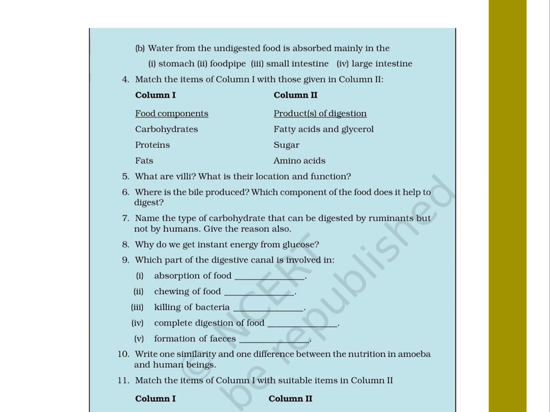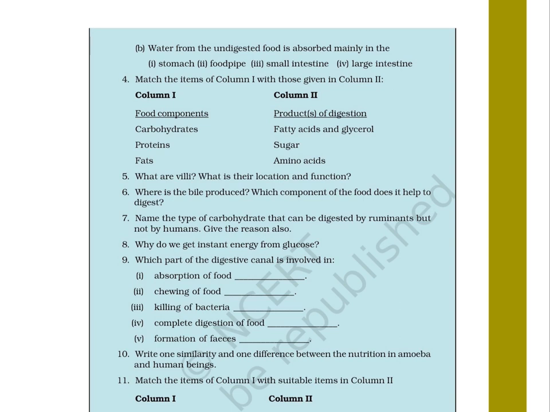Product or products of digestion: fatty acids and glycerol, sugar, amino acids. 5. What are villi? What is their location and function? 6. Where is the bile produced? Which component of the food does it help to digest?